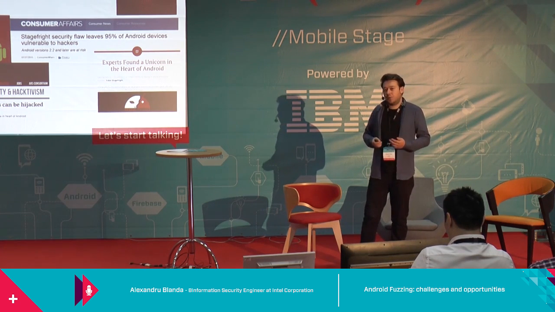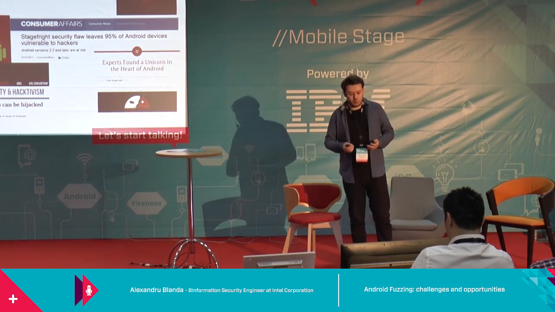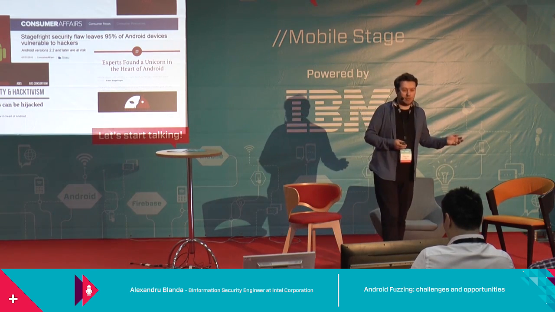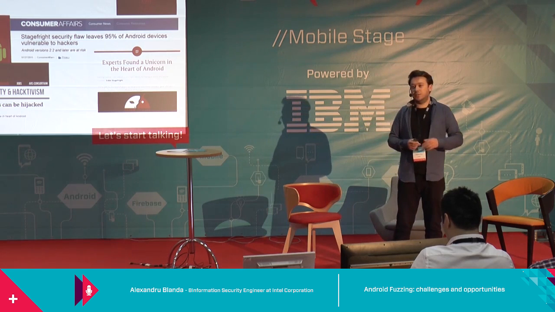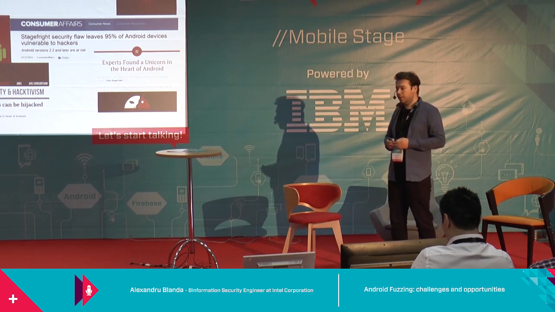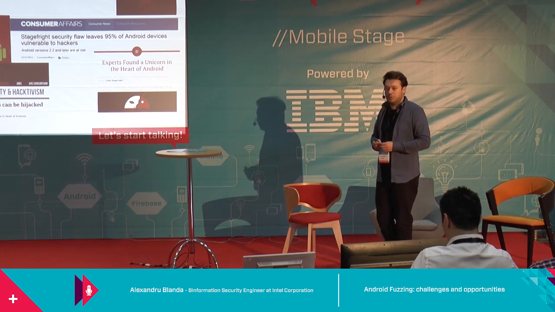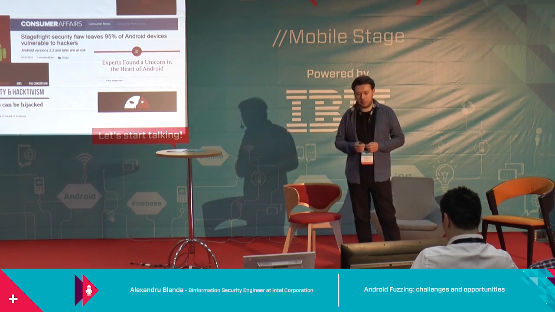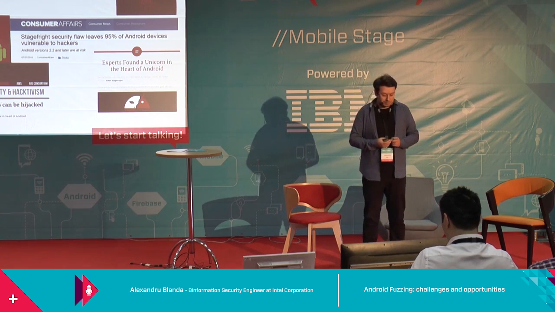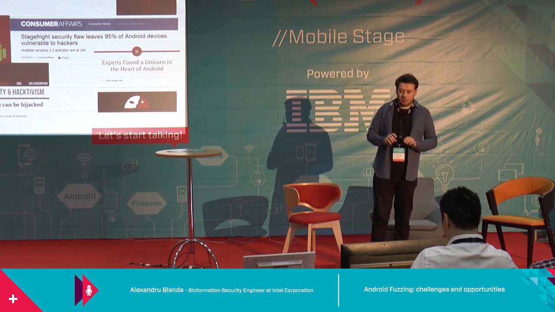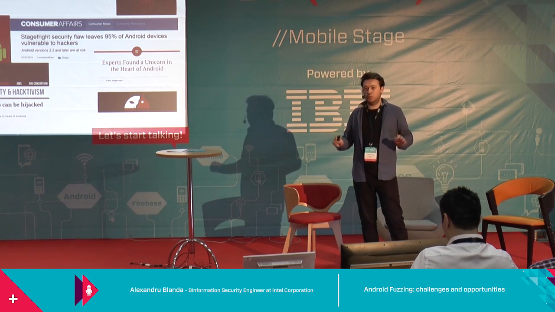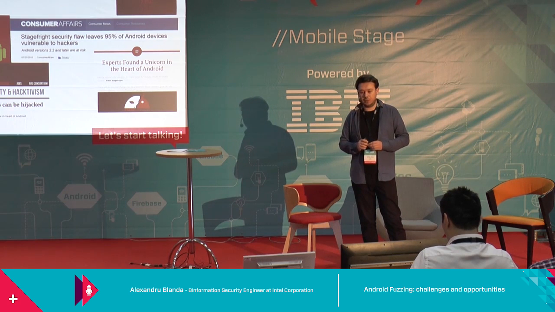There is this problem in Android with fragmentation, where most people have Android versions that are 2 or 3 years old, and they don't get any more security updates pushed to their phones. So this bug came a little bit as a shock to all of the people involved in Android development.